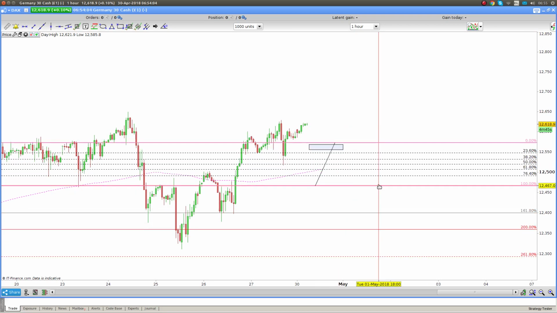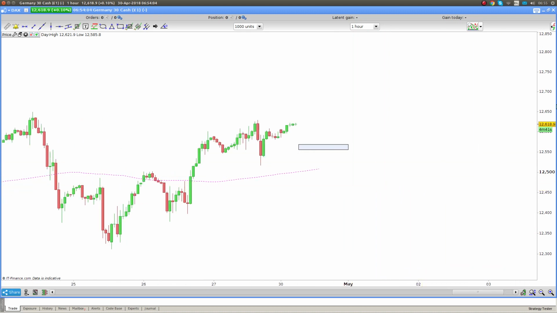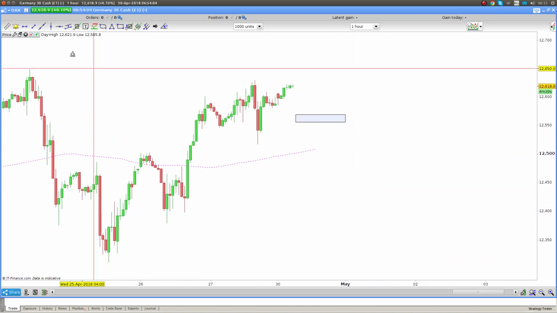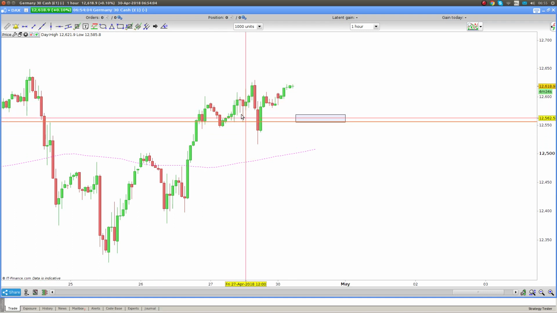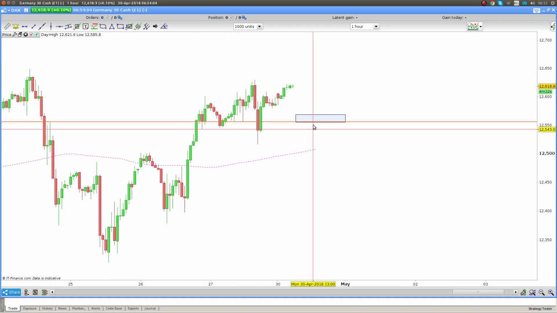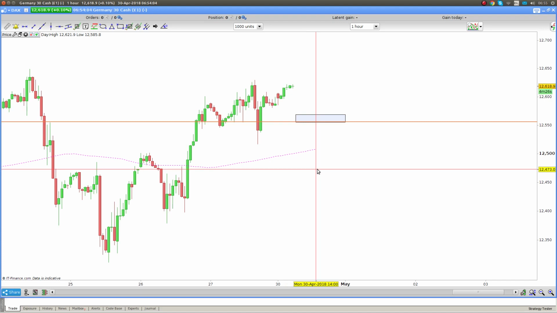Okay, and then we just get rid of the noise. And now what I'll do is I'll look for any other levels that are in this area, and you can see immediately there's this tail here. So there I have a level, and it coincides with the 61.8 Fibonacci, so that would be a good area for me to go long.